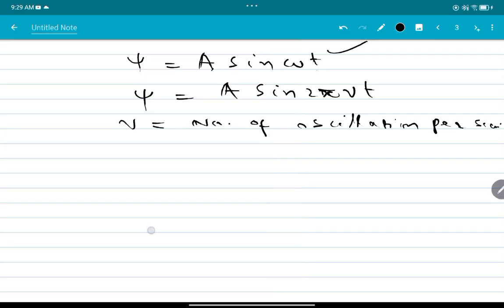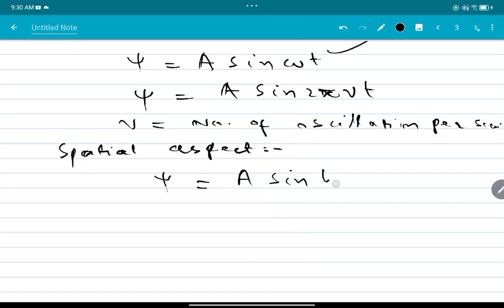Now let's go to the spatial aspect. Spatial means with space. In the spatial aspect, we have psi is equal to A sine kx. Now instead of starting with this, why not start with this?